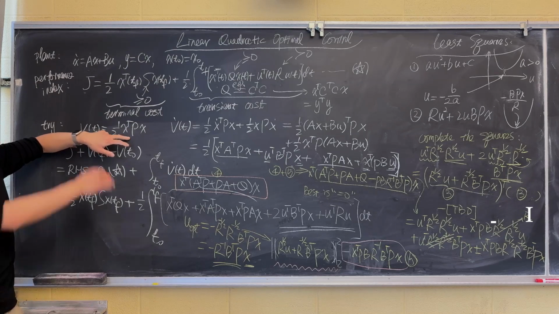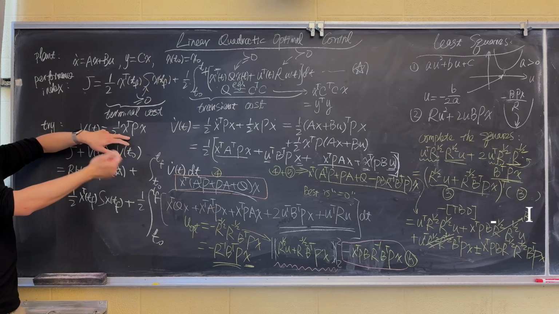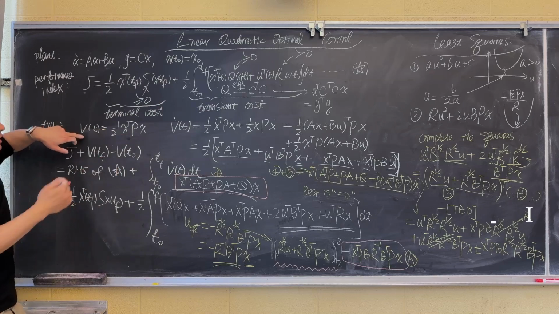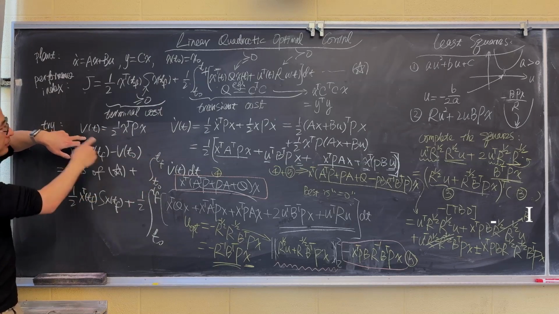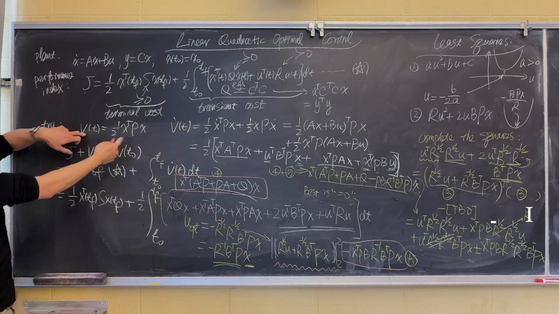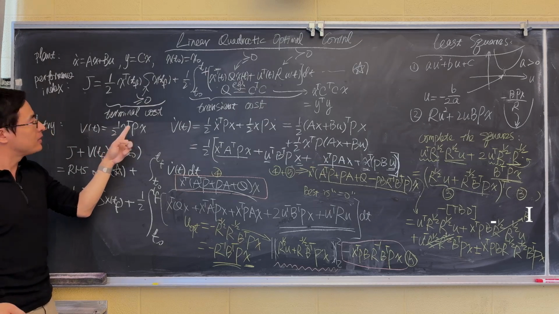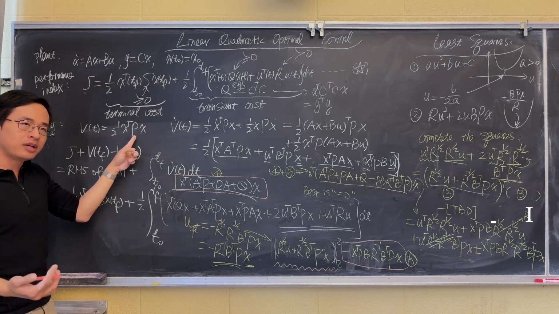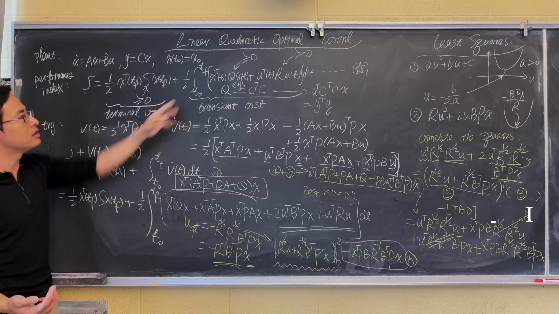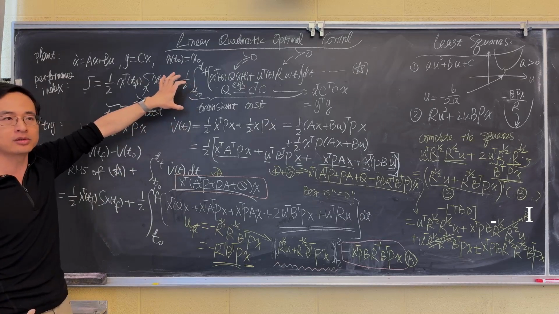Actually, we can take P to be dependent upon time too. When the horizon is finite, this V, function of time, X is a function of time, P can also be a function of time in this most general LQ solution.